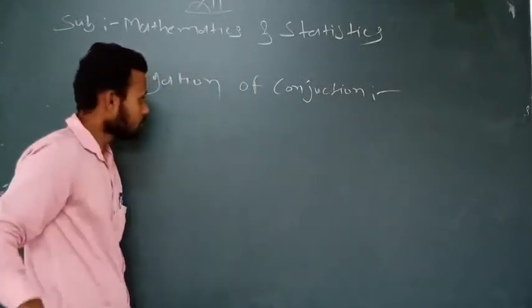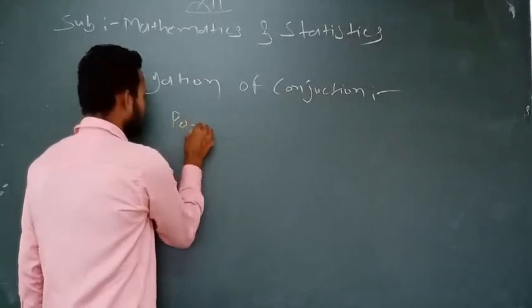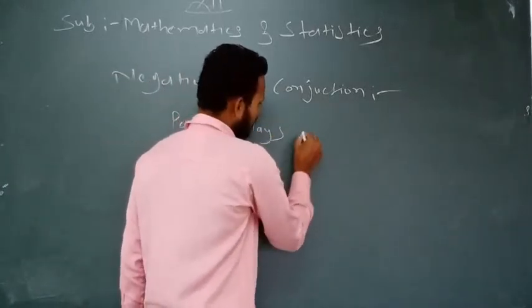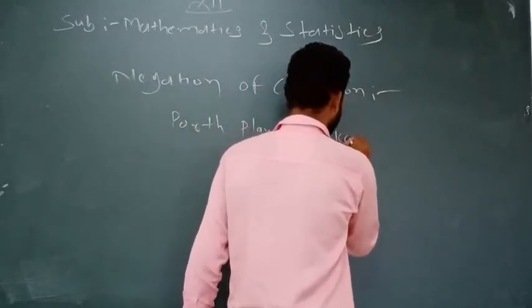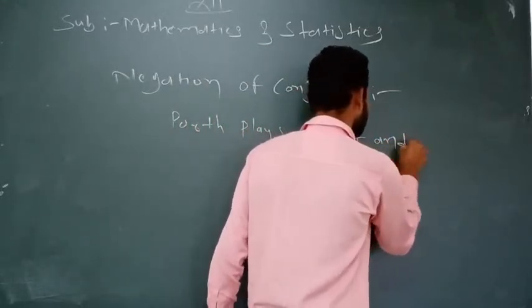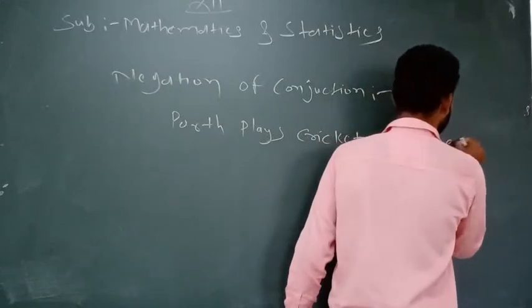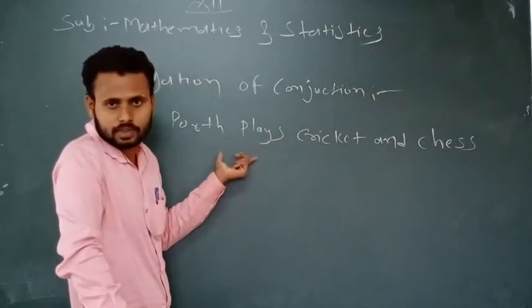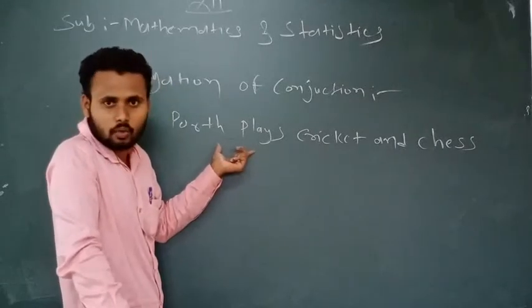For example, if we take: Park plays cricket and chess. It is a compound statement. Why is it a compound statement?